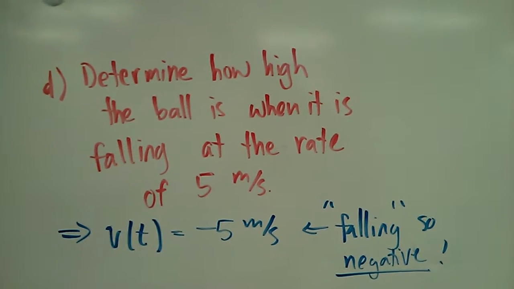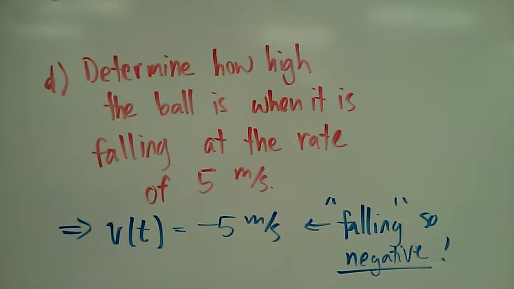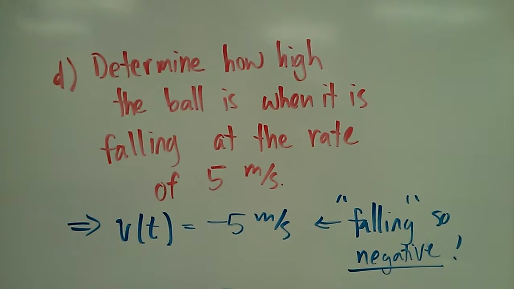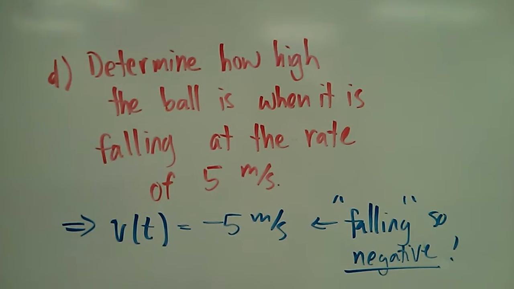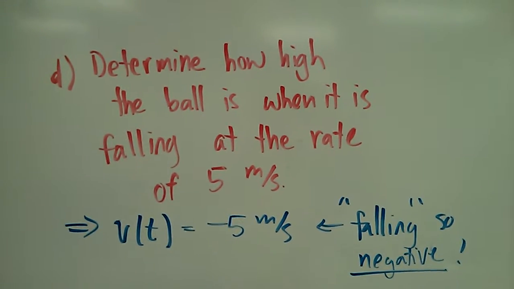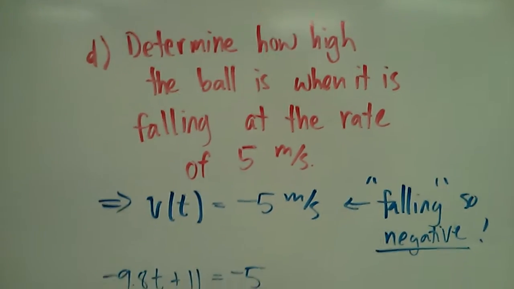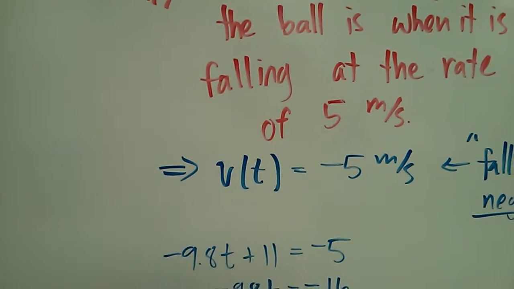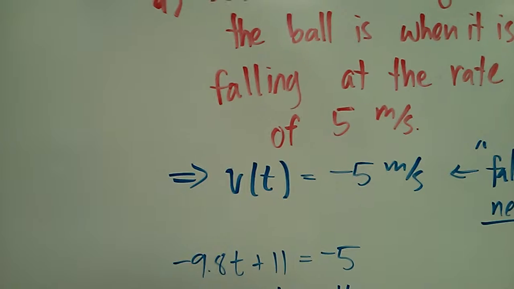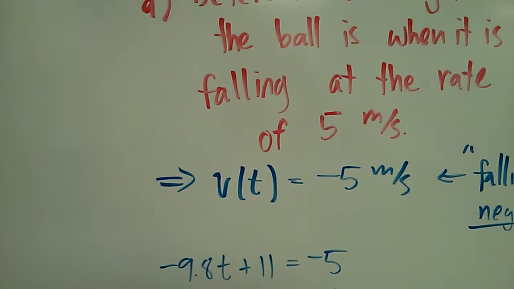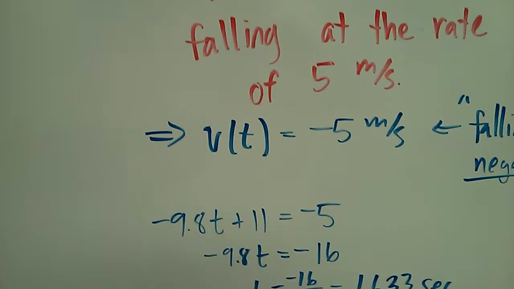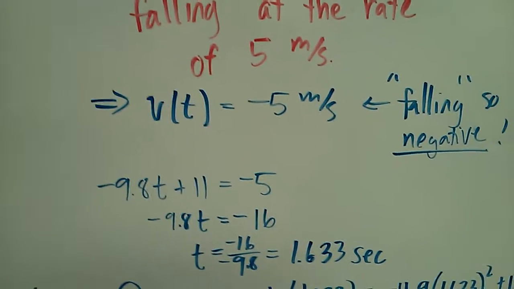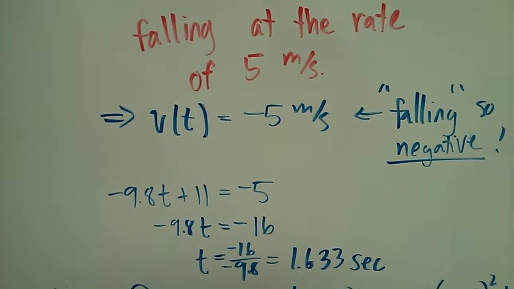We need to pay attention to the wording of the problem, because falling means the velocity is negative, because the ball is going down. So we set negative 9.8t plus 11 equal to negative 5, and we solve for t. We get t is 1.633 seconds.